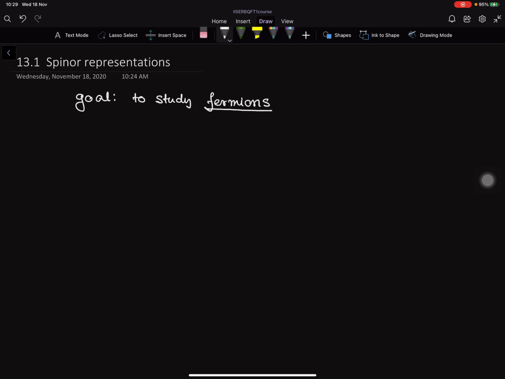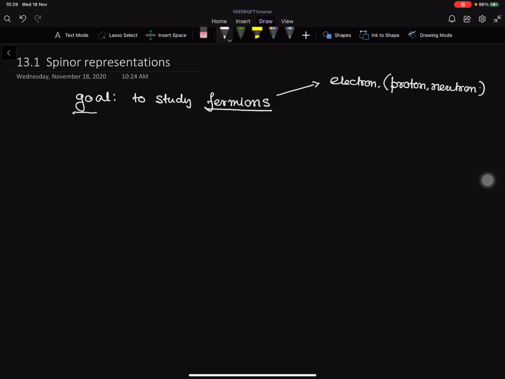For example, matter is made up of electron, proton and neutron. They are all fermionic particles. So in order to understand our real world, fermions are very important objects.